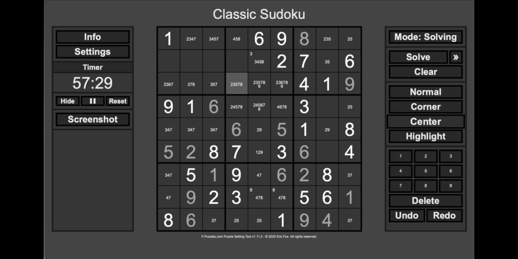This one is definitely not 6. That's annoying. I've got a 2, 9 here, a 2, 9, and a 2, 5 both in here, neither of which I can resolve.